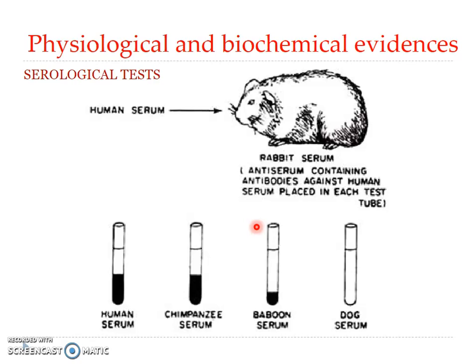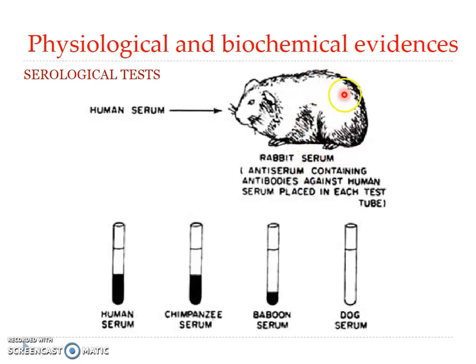This foreign protein material is hence known as antigen because it has stimulated the production of antibodies. If human serum is injected into the body of a rabbit, the rabbit responds by producing antibodies against the antigens in the human serum. The serum containing such antibodies is known as antiserum.